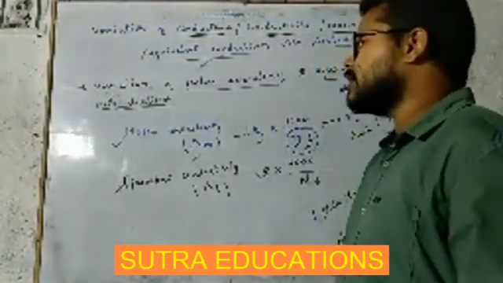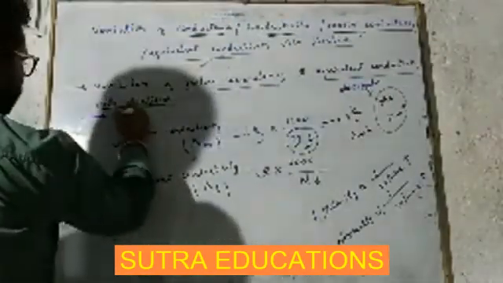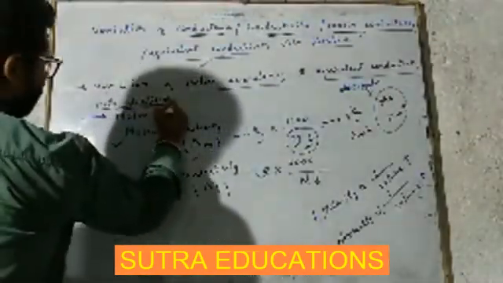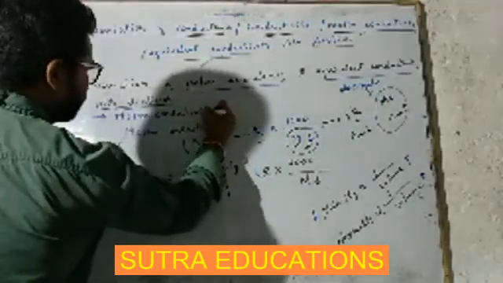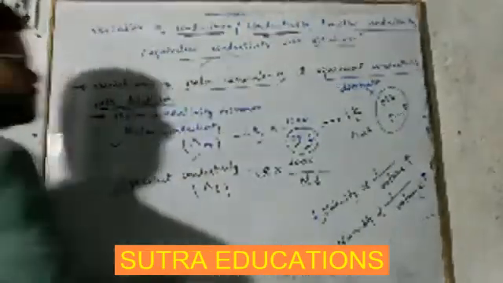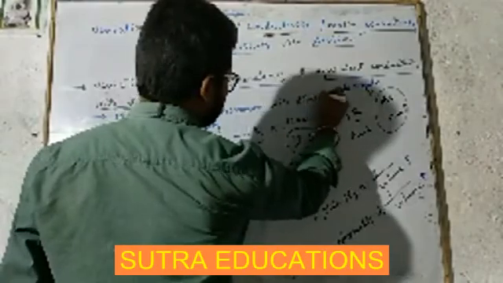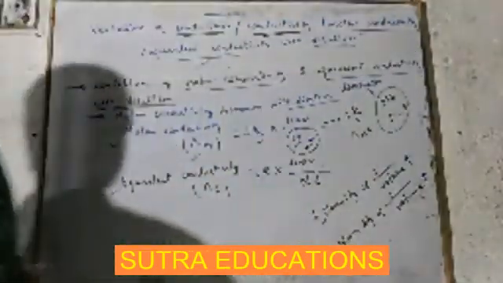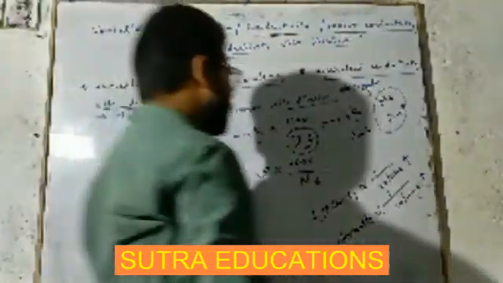What happens? Net effect is molar conductivity increases with dilution. Getting this? Same case with equivalent conductivity.